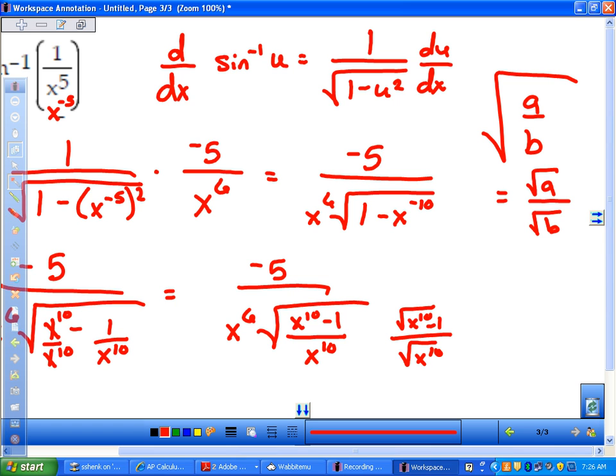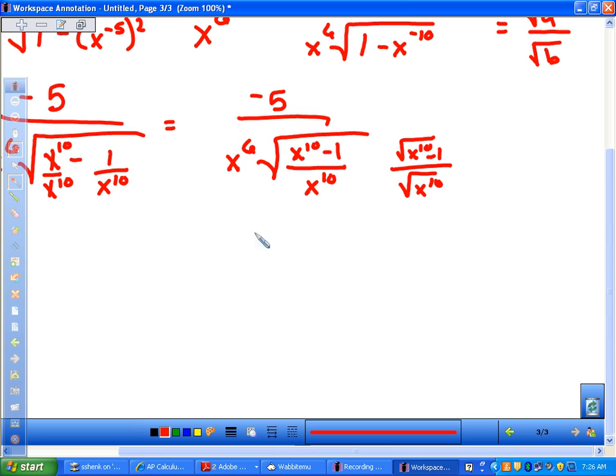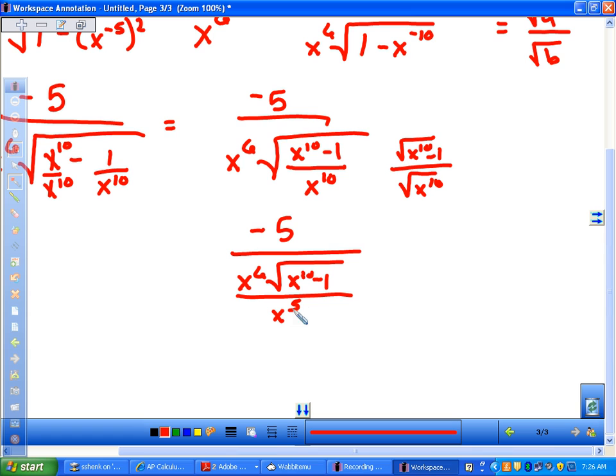Well, in the denominator there, is that x to the 10th a perfect square? Yeah, what is the square root of x to the 10th? X to the 5th. Negative 5 over x to the 6th root x to the 10th minus 1, and we're now over x to the 5th.